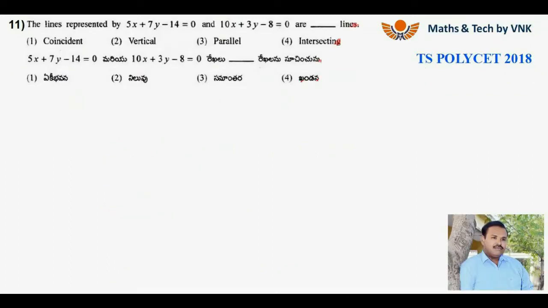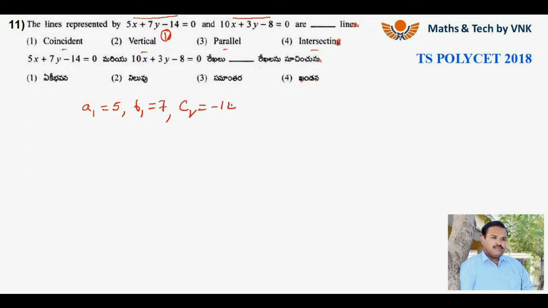Next question is, the lines represented by 5x plus 7y minus 14 is equal to 0 and 10x plus 3y minus 8 is equal to 0 are dash lines. Option 1 coincident, option 2 vertical, option 3 parallel, option 4 intersecting. Comparing equation number 1 with a1x plus b1y plus c1 is equal to 0, a1 is equal to 5, b1 is equal to 7, c1 is equal to minus 14.